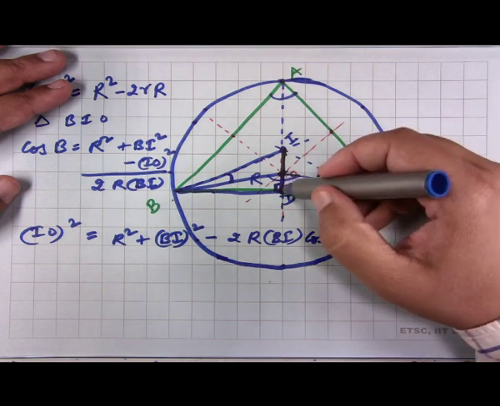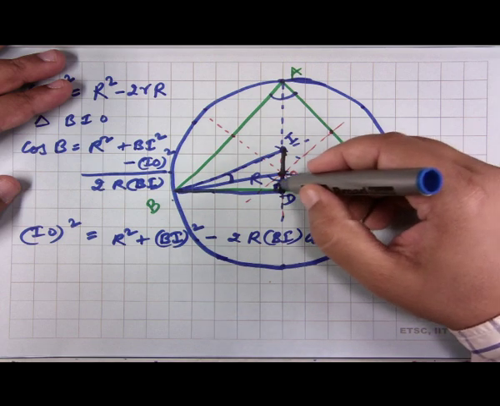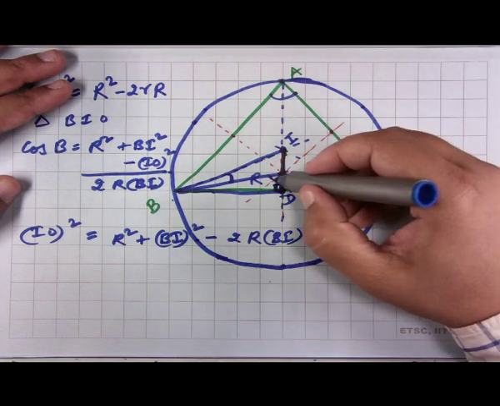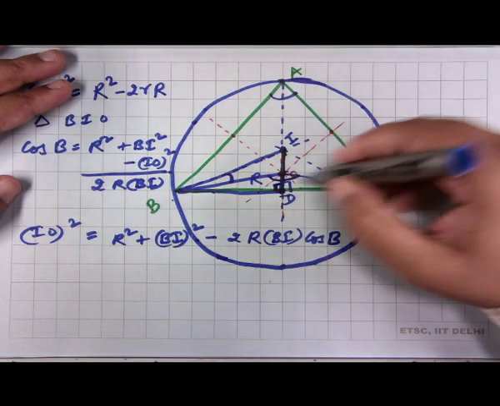Then we have a side in common, and also this and this angle are the same, and therefore it follows that this angle BOD has to be equal to the angle COD.